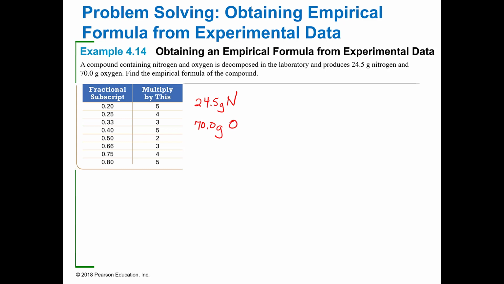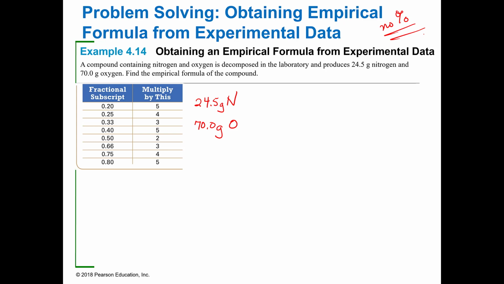And we want to know what is the molar ratio of these, that is, how are they put together. Now this one didn't give me percent, so I didn't have a percent. I've already got it in grams, so I can just start with these things that I've been given.